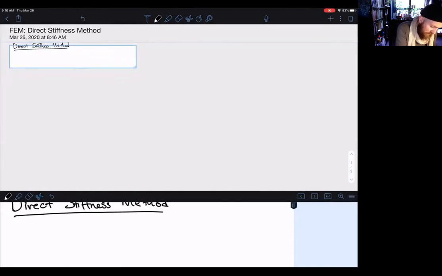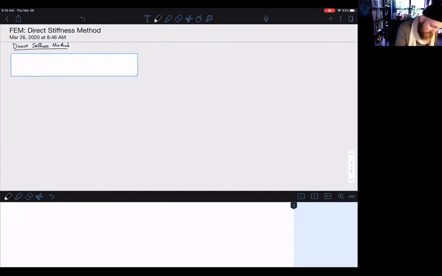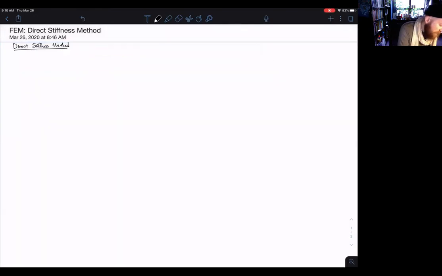We want to be able to model a typical pin jointed plane truss. So we might have something that's maybe as complicated as this, where we have various, I'll describe what I'm drawing just in a moment.